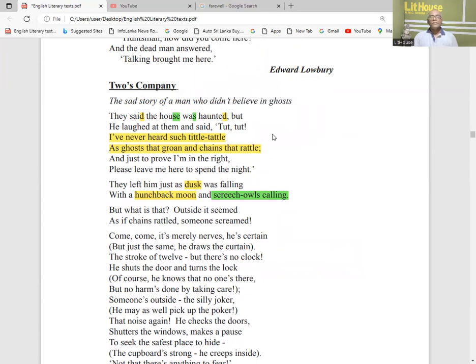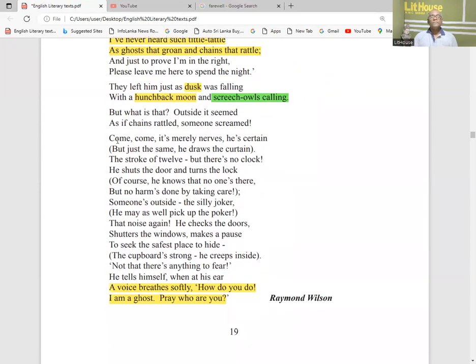There are so many examples like that if you go through the poem. Now here, but what is that?